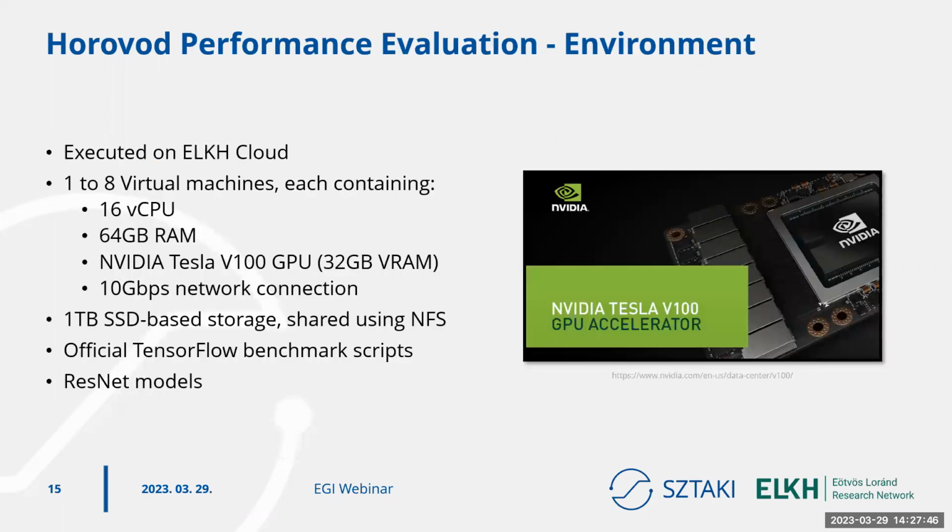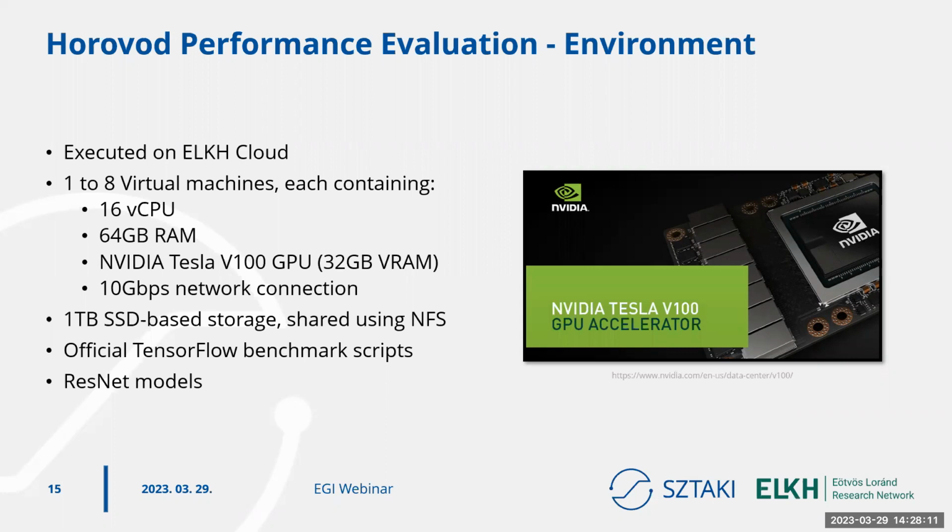To turn you a little bit towards our research, we have conducted a pretty thorough performance evaluation of this Horovod reference architecture, for which I would like to first present the environment. The experiments were executed on the ELKH cloud, and we used 1 to 8 virtual machines.